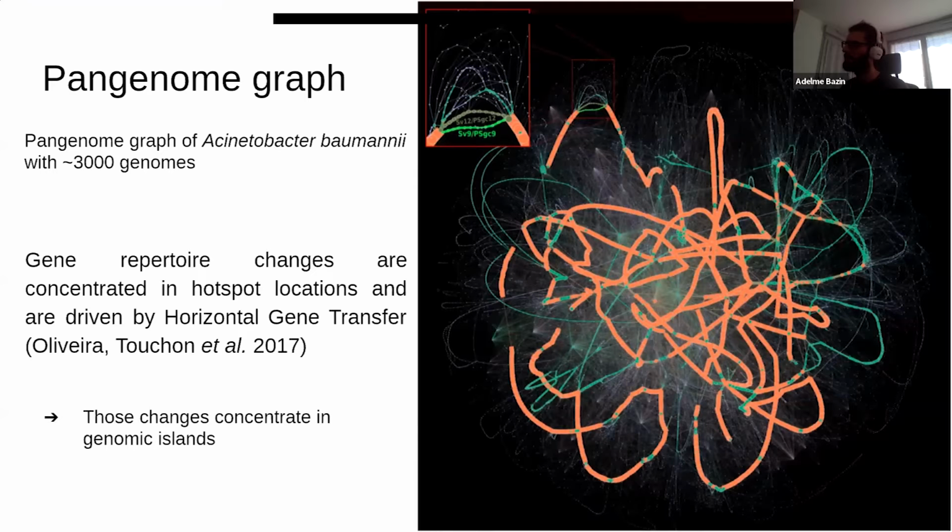In this zoom that we have here, you can see that there are two paths in orange for the persistent genes. And from those two paths are multiple cloud or shell paths that branch out. So those changes concentrate in genomic islands.